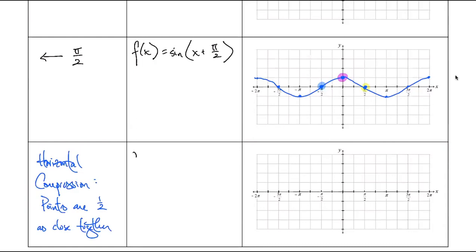We squeeze from the new center point. So our center point, that blue point, is gonna stay. That's important to know. The center point does not change when we're compressing horizontally. Everything compresses around that.